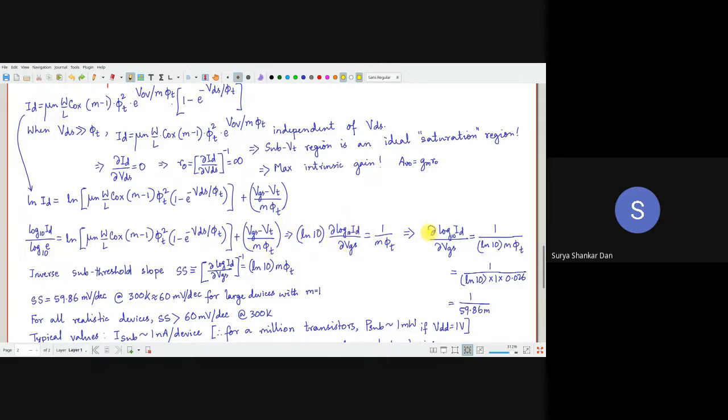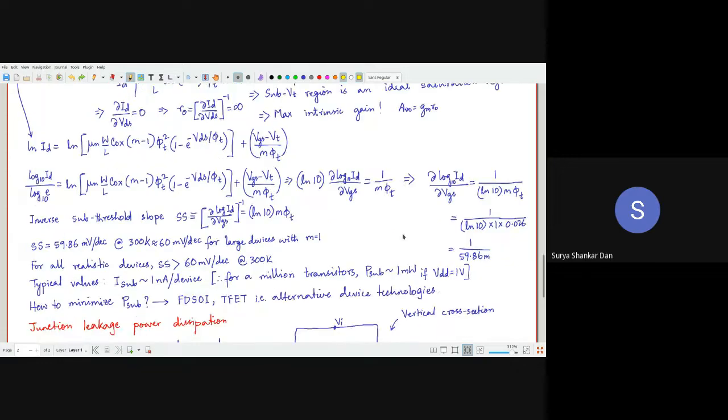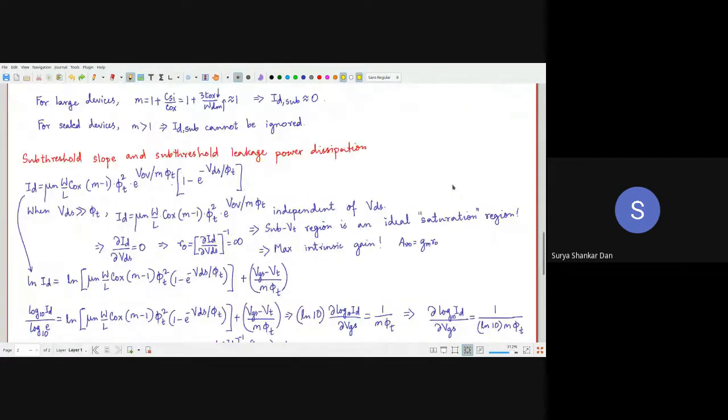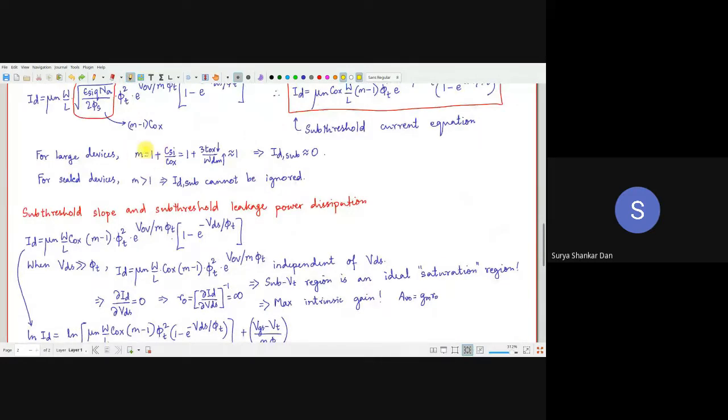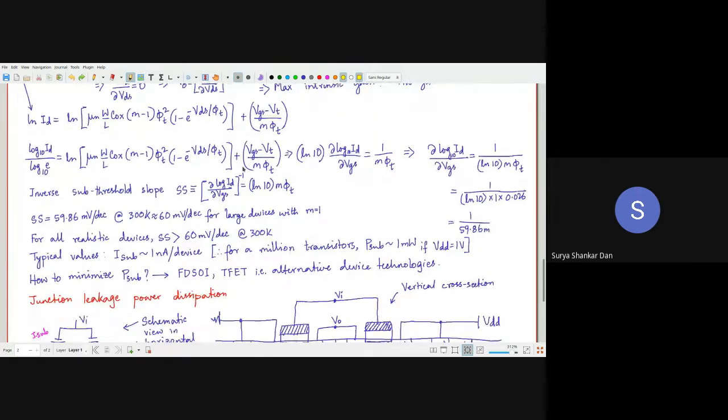Therefore del log of ID base 10 over del VGS will be equal to 1 upon ln 10 m phi t. Now if we calculate this, ln 10 is 2.303 as I told. Small m is basically this factor 1, for large devices this is equal to 1, and phi t, as I said, is 26 millivolts.